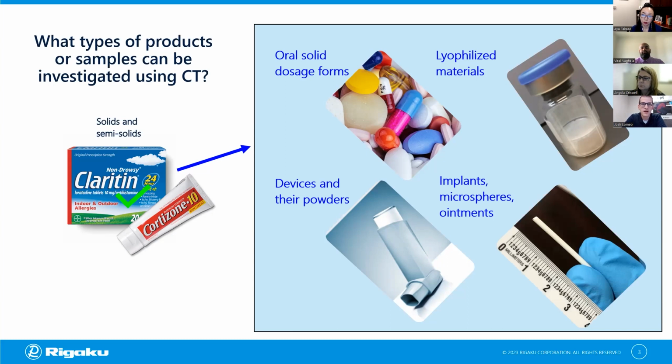And in the category of everything else, we can look at implants, microspheres, and ointments. These are some of the other less common dosage forms, but we do see them quite a bit, and they are a great application of CT to investigate these and some of the attributes important to the pharmaceutical scientists.